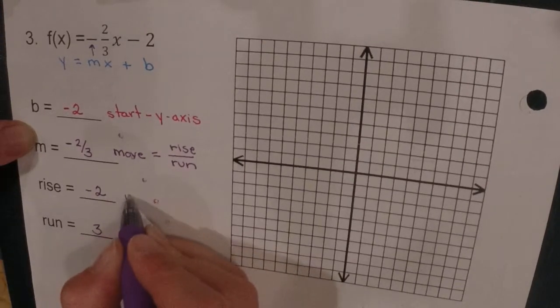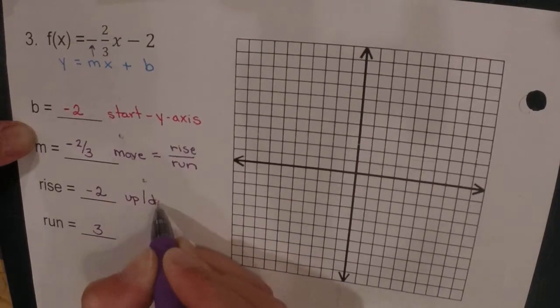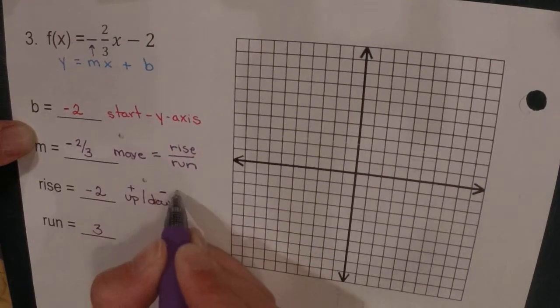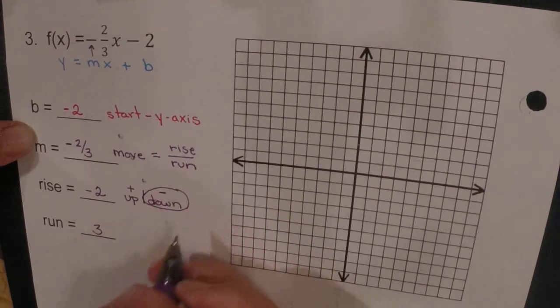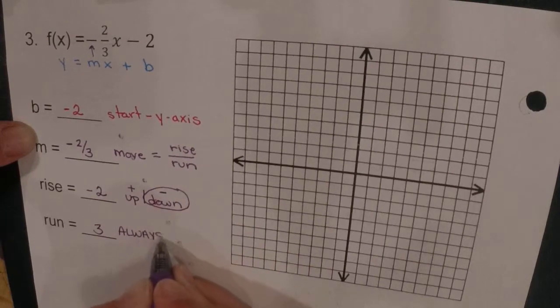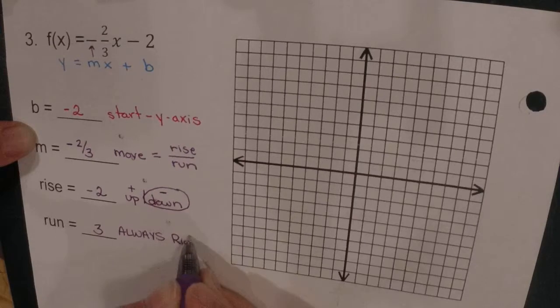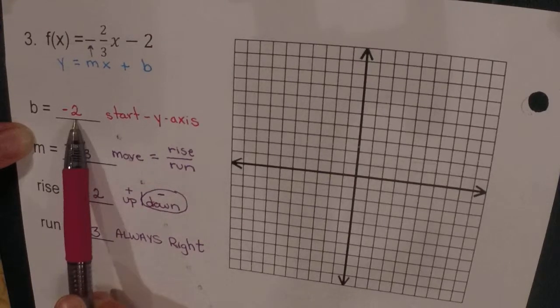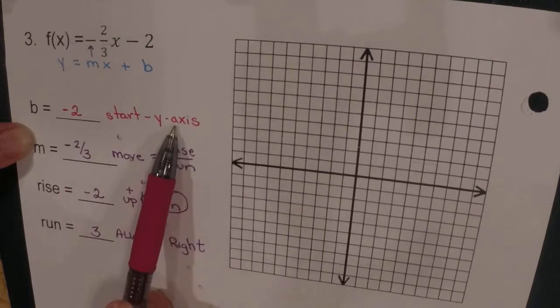So again, this is up or down based on the sign of that number. Well, in this case, it's negative, so this time we're going to be going down. But this is still always going to go to the right. So let's see if we can graph it. We're supposed to start at negative 2 on the y-axis.